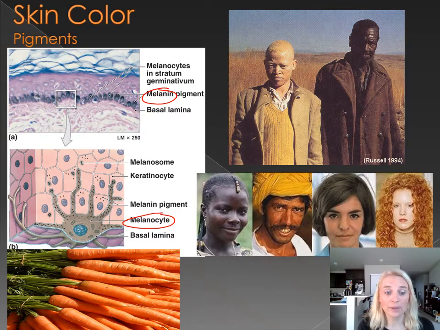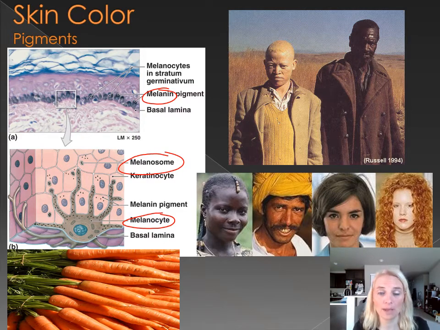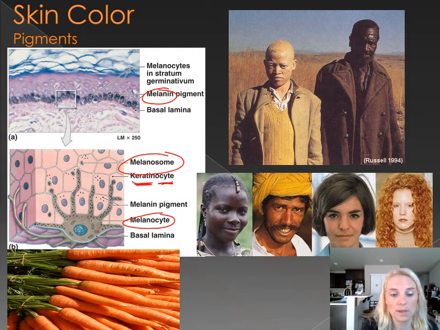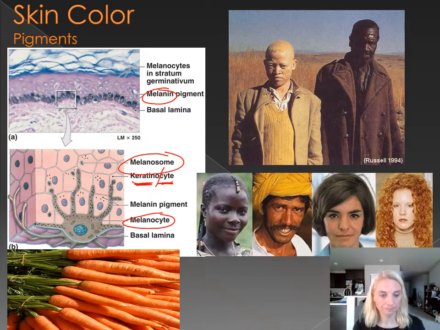It makes the melanin pigment, packages it up in little packages called melanosomes, which then distribute themselves inside your keratinocytes, the cells that are making the keratin, which are just your stratified squamous epithelial cells. Cyte means cell, keratin-making cell, keratinocyte.